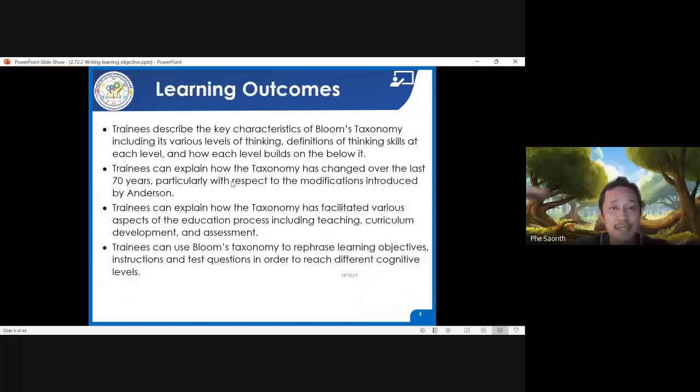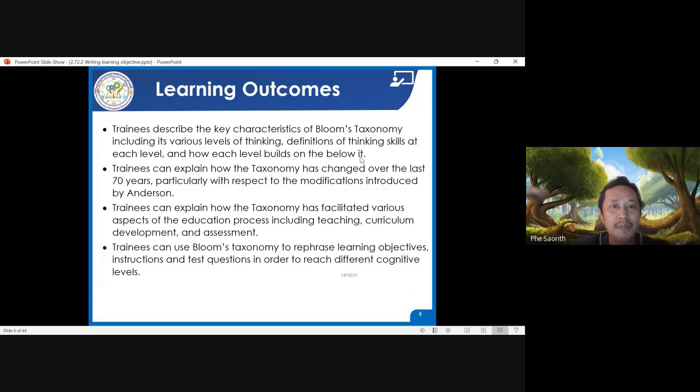So here are the learning outcomes of topic 2.2. The first one: the trainee can describe the key characteristics of Bloom's taxonomy, including its various levels of thinking, the definition of the thinking skill at each level, and how each level builds on the one below it.